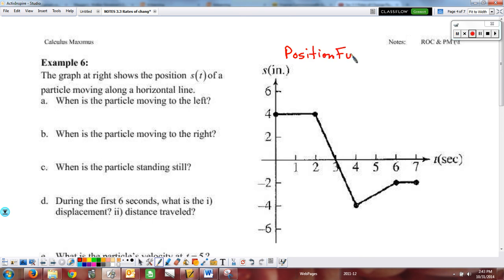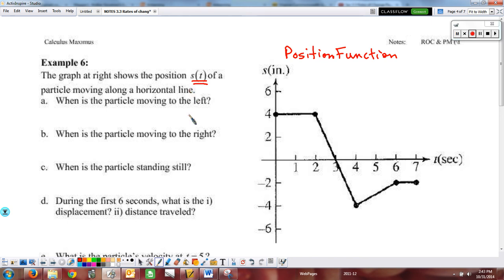That's going to be important when you start doing your interpretations, because the velocity would be the slope of this function. So we're given S of t, a particle that's moving along a horizontal line, moving left or moving right.